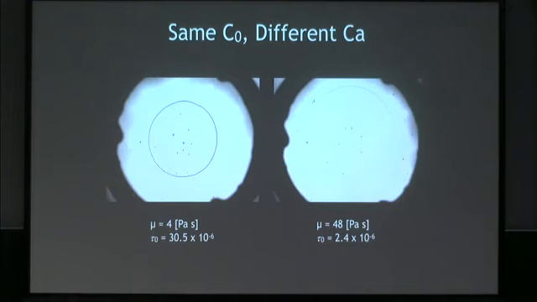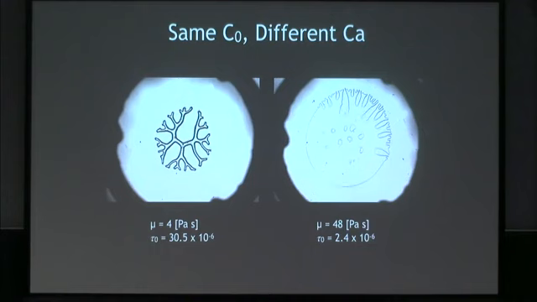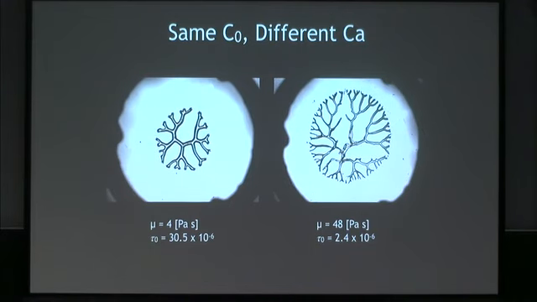And let me see if I can play them both at the same time. Oh, yeah. So if this value is large, you have a small number of fingers. And if this value is small, you have a larger number of fingers.